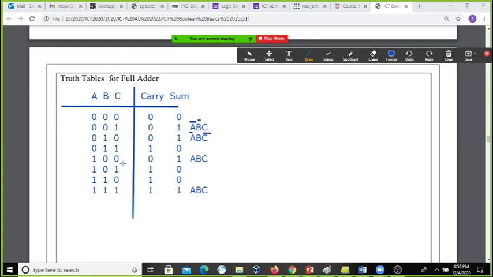And here B and C are 0, therefore B bar and C bar. And here all are 1.